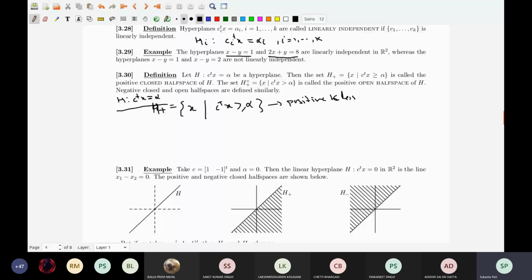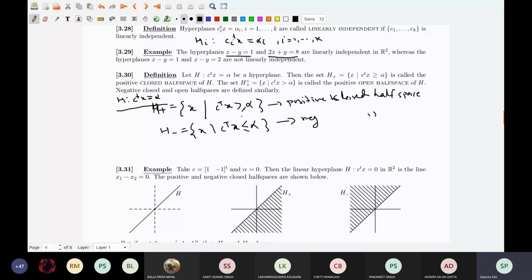And then H minus, that is very similar, C transpose X less than equal to alpha. This is the negative closed half space. Open half space would mean that C transpose X here, instead of greater than equal to alpha, you would have greater than alpha. Okay, those kind of things.